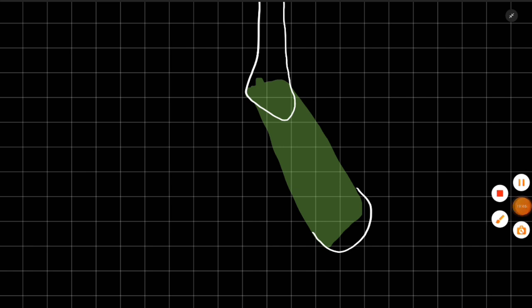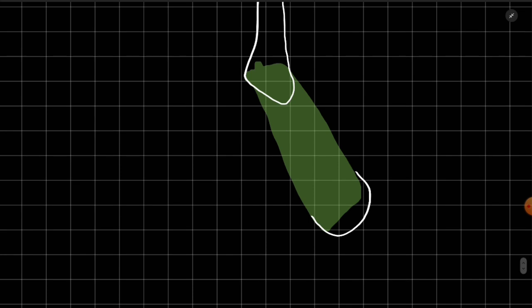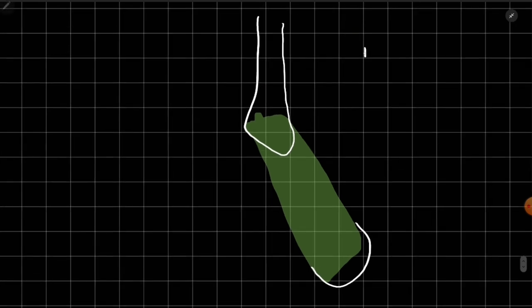Okay, as we have seen the mnemonic for the tendons passing deep to the extensor retinaculum, we also have a mnemonic here. I will write the mnemonic in this corner. The mnemonic is: the doctors are not here.